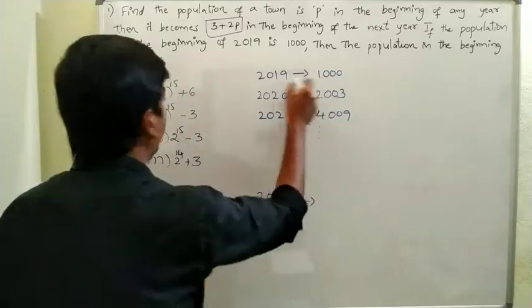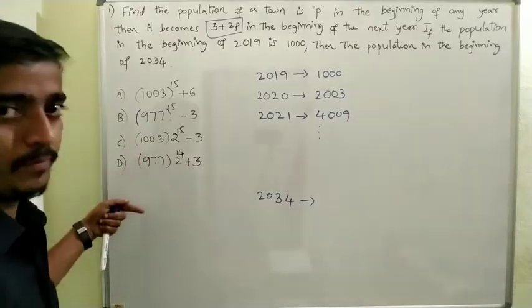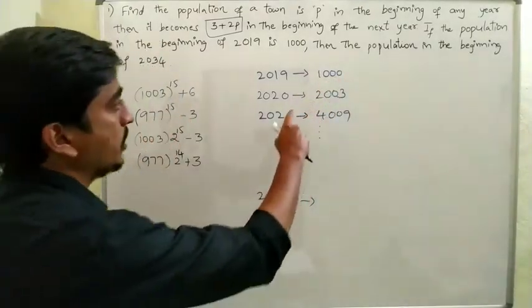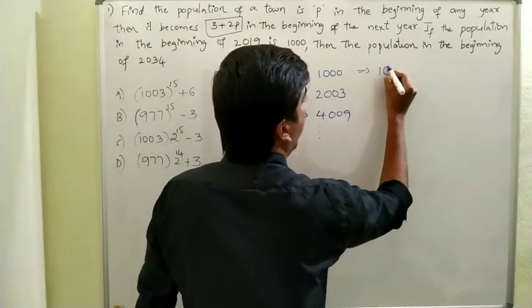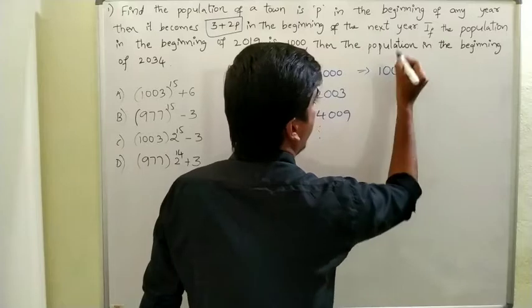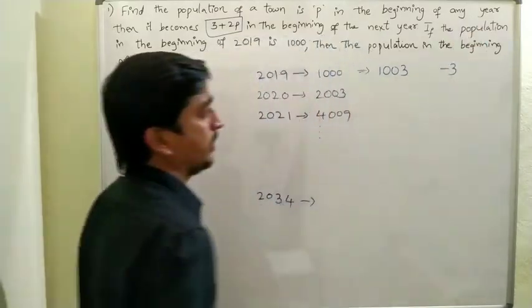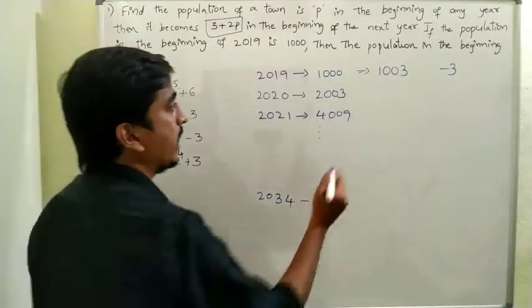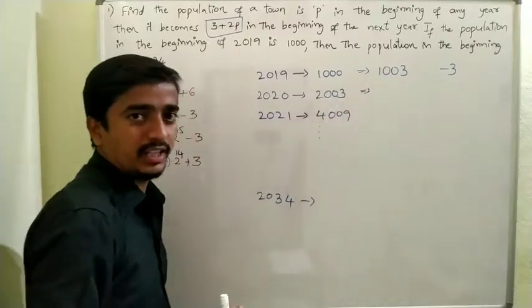If you observe the options, all options are very near to 1000, isn't it? So can we write 1000 as 1003 minus 3? There is no change, 1003 minus 3 will become 1000 only. Clear. The next, how can we write 2003 in the form of 1003?